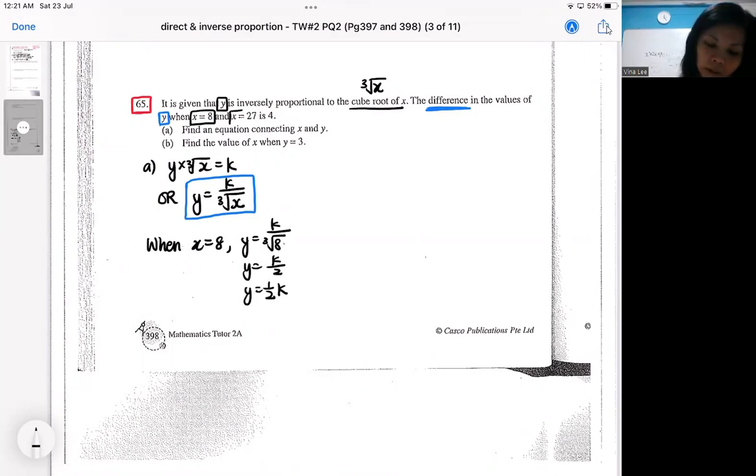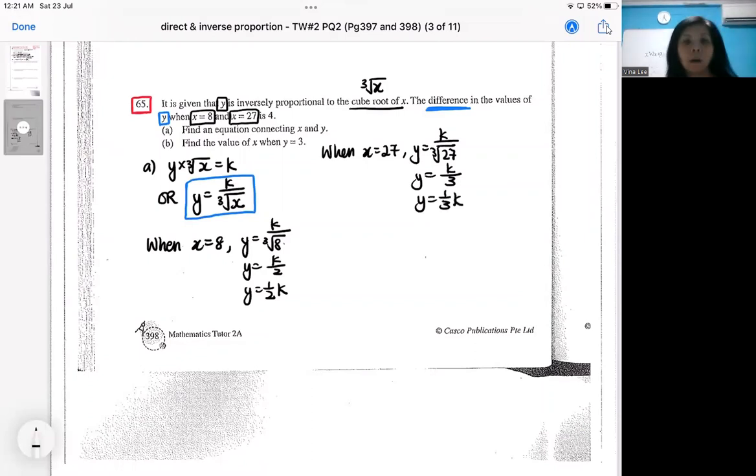So there is also another x here. So if I got another x, so obviously I get another y value. So in fact, I got a 1/3 k.